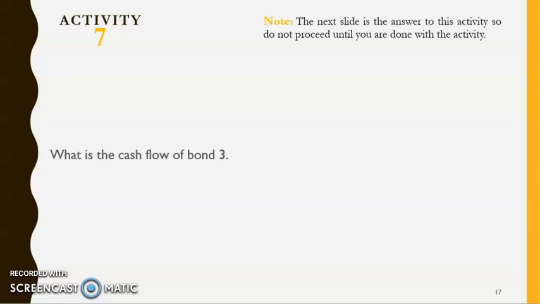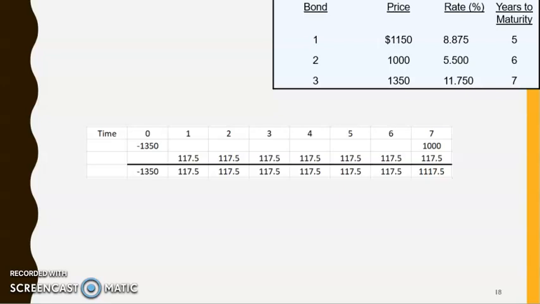Everything is exactly the same as bond 1, and it is just another activity. So here we see the cash flow for bond 3. Everything is the same as the previous one in terms of points, tricks, just the numbers are different.